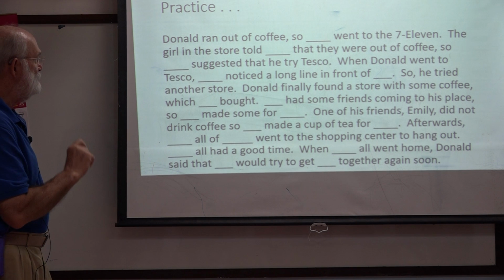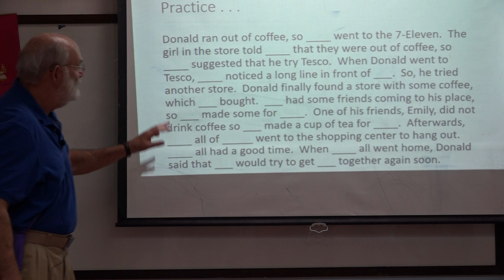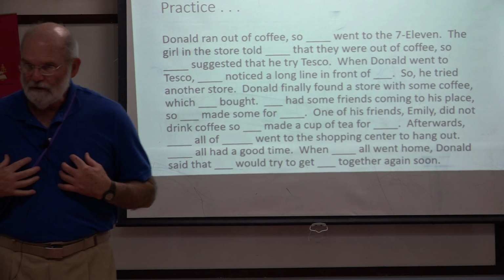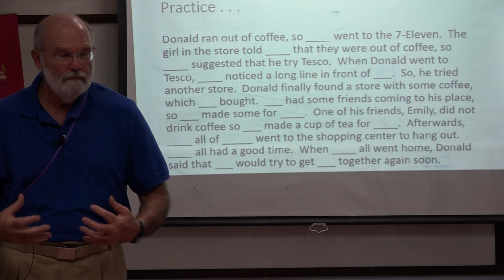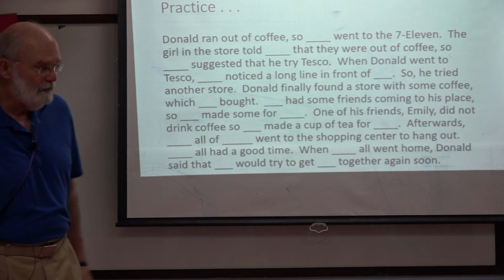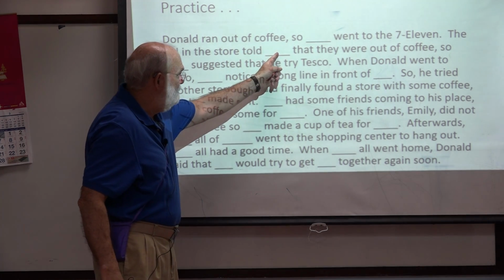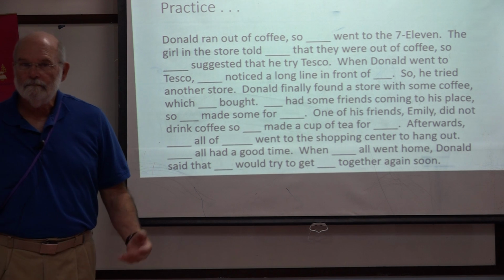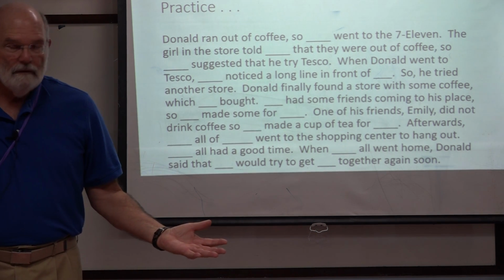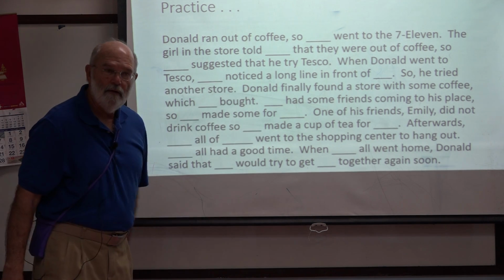The girl in the store told him, because him is an object, and him is to whom the girl told something. The girl in the store told him that they were out of coffee. So, she suggested that he try Tesco.